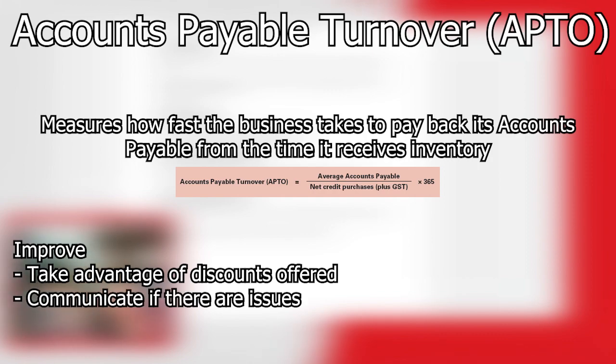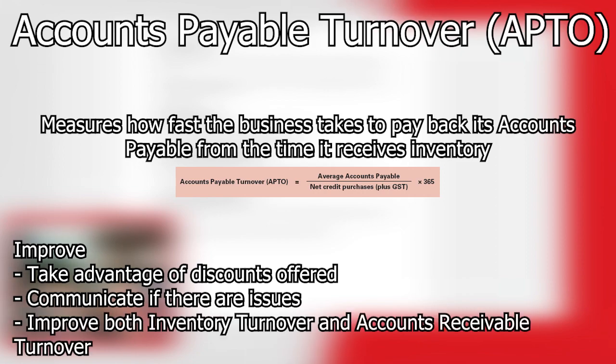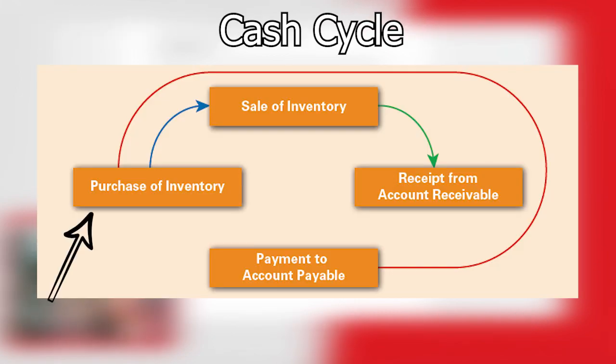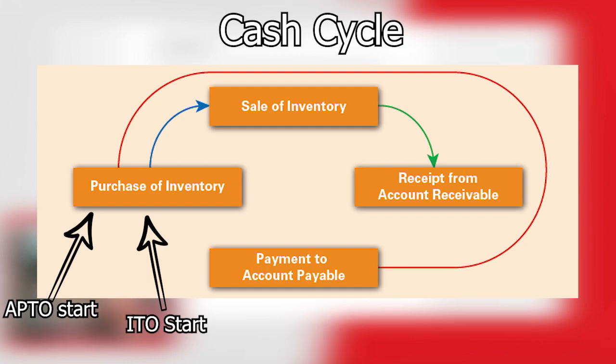And the other way to improve accounts payable turnover is improving inventory turnover and accounts receivable turnover, because if we notice, the inventory turnover, 0.1, is the same as accounts payable's 0.1 of receiving the inventory.